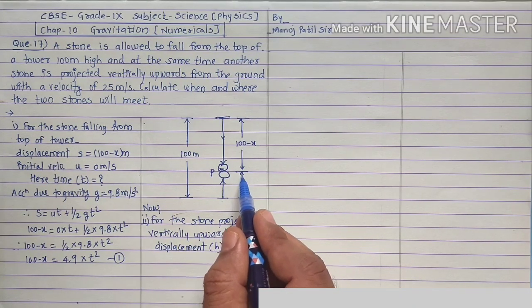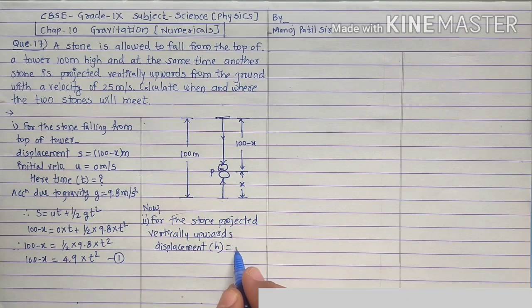So here you can see x meter is the displacement we have considered. Its initial velocity when it is projected upward, initial velocity u is equal to 25 meter per second, and time t we don't know, so we'll consider time t is equal to question mark.